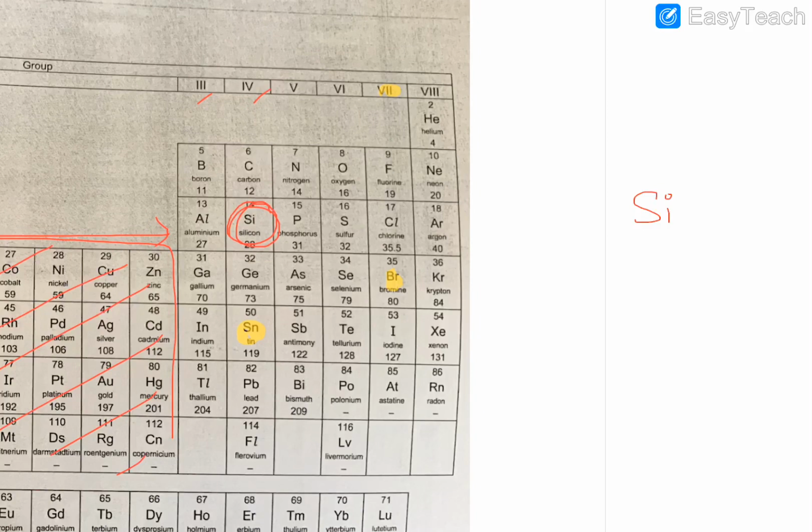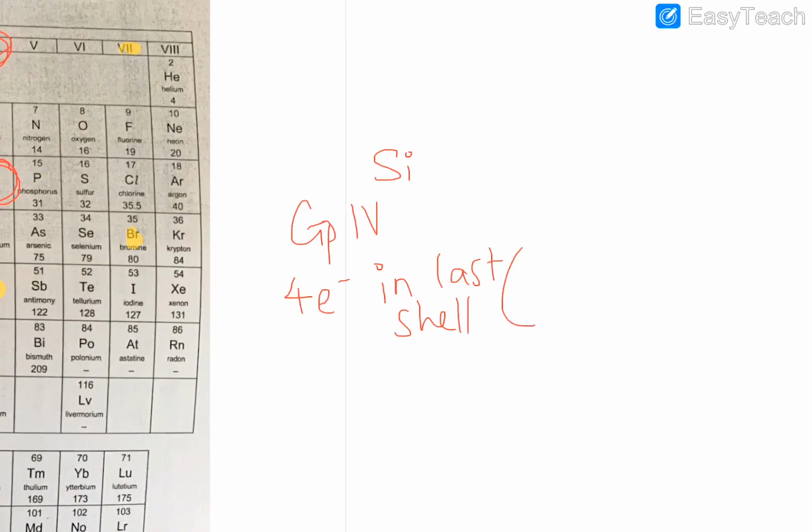From the periodic table, I know it is in group 4, which means there should be 4 electrons in the outermost shell. That last shell is called the valence shell.